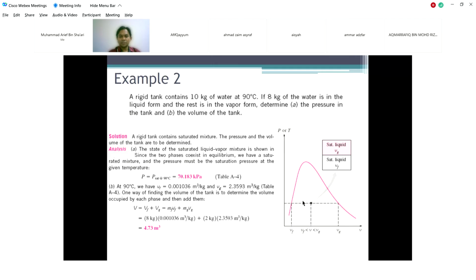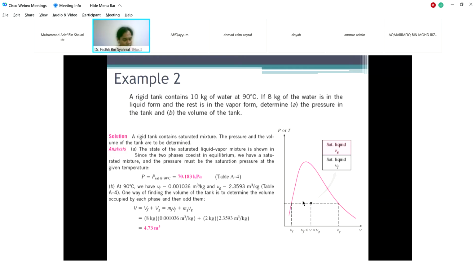What else? The substance, water, you can also transfer into your diagram. But the phase, of course, yes. The phase is saturated liquid vapor mixture, right? So you know the phase.